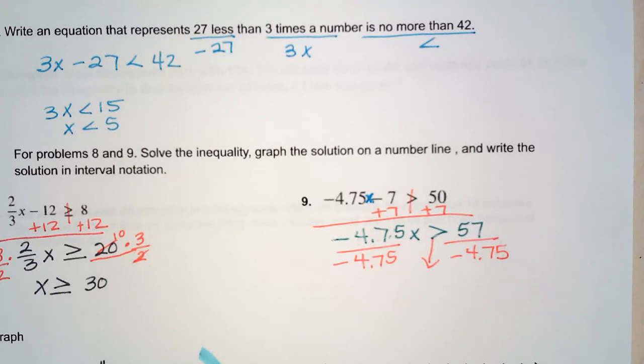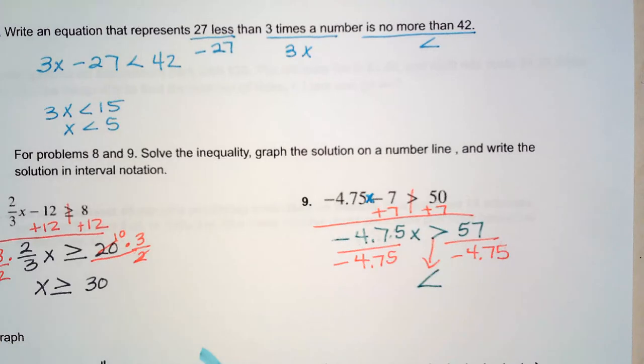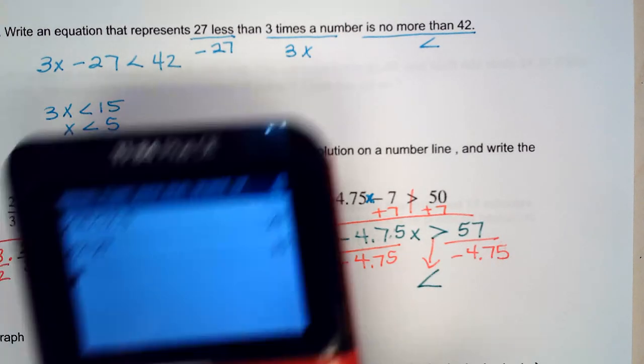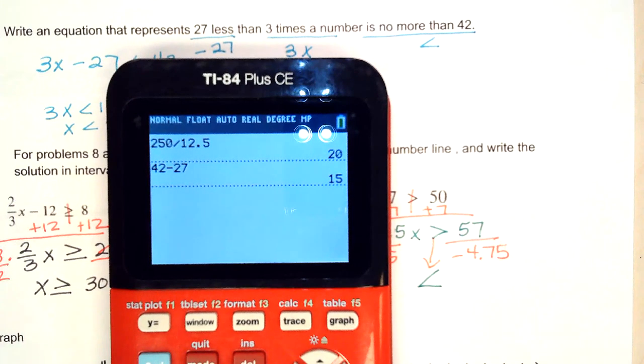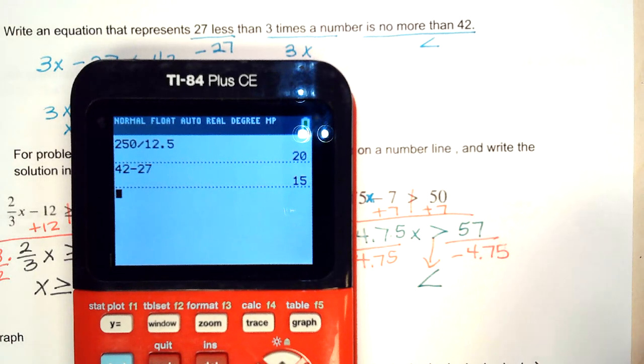Switch that sign around is correct. It goes from greater than to less than. Now this is a positive divided by a negative, so this is going to be a negative number.